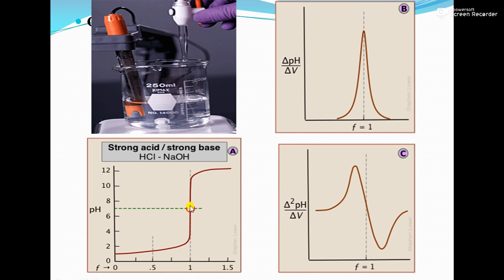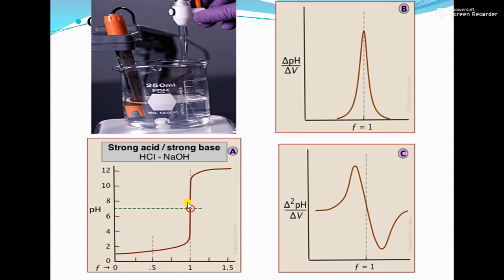Up to the equivalence point, the solution has HCl. That's why the pH is below 7. At the equivalence point, the ml of HCl is equal to the ml of NaOH. After the equivalence point, excess NaOH is added to the solution.